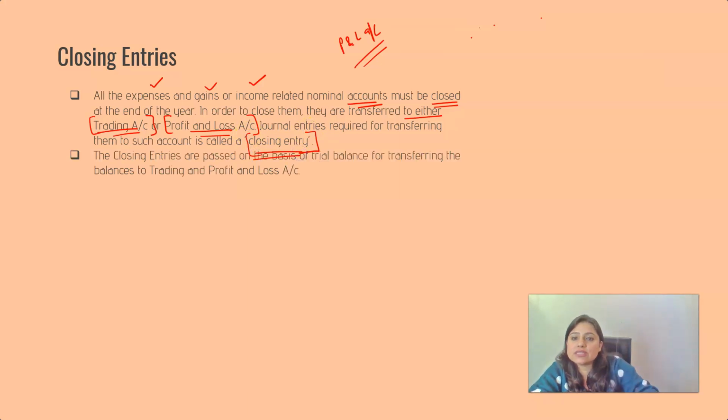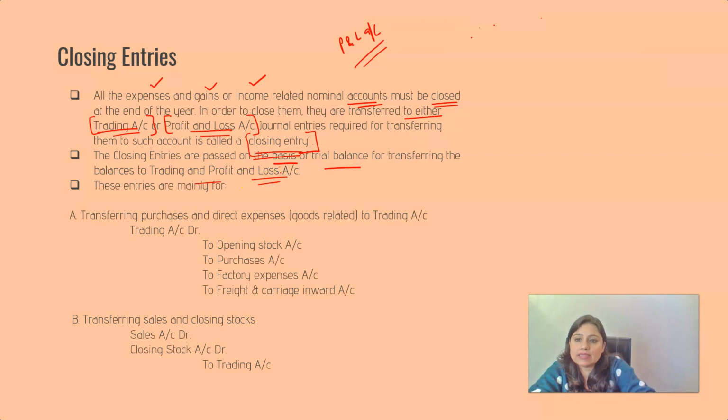The closing entries are passed on the basis of the trial balance for transferring the balances to the trading and P&L account. When we transfer the purchases and direct expenses to the trading account, the trading account has to be debited and all such accounts would be credited.